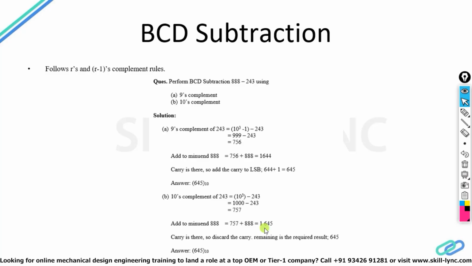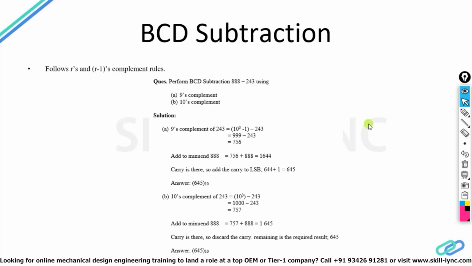Ignore means discard this carry. We are not worried about this carry. So we are left with only 645. So 645 is the final answer. Whether we are taking the 9's complement or 10's complement, we are getting the same answer, that is 645. That is the actual answer, because 888 minus 243 should be 645 only.